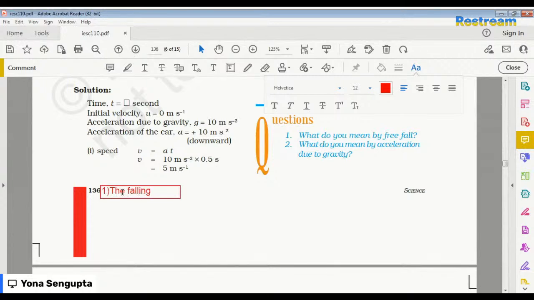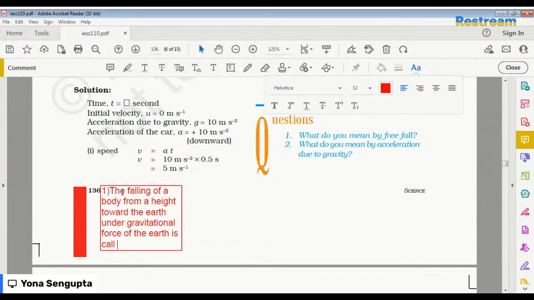The falling of a body from a height towards the earth under the gravitational force of the earth is called free fall.